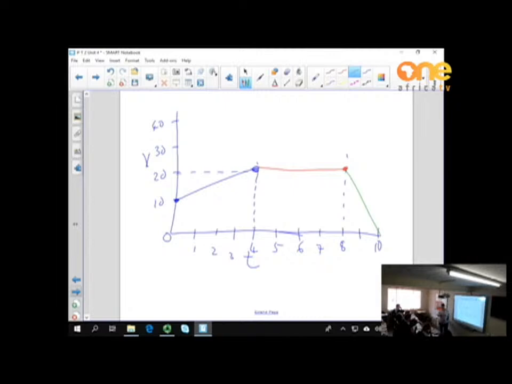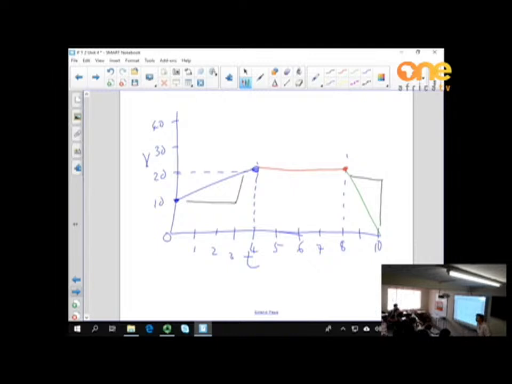Now they say, use the graph to find the value of the acceleration for each part of the graph. In other words, what is the acceleration on the blue line, and what is the acceleration on the green line? Why have I drawn this black line like this? What must I work out?